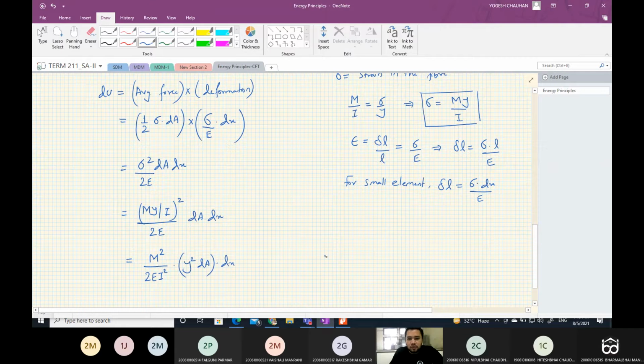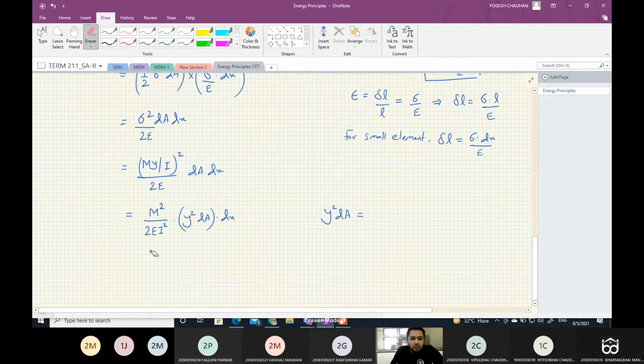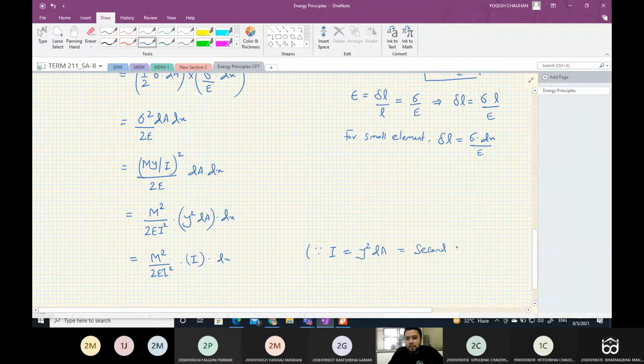Now y square dA is equal to the moment of inertia, the second moment of area. So we can write this as M square by 2E I square into I times dx, because I is equal to integral of y square dA, that is the second moment of area.